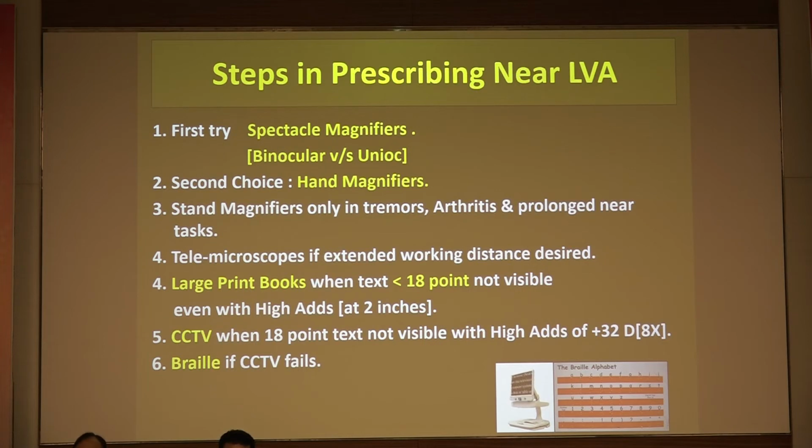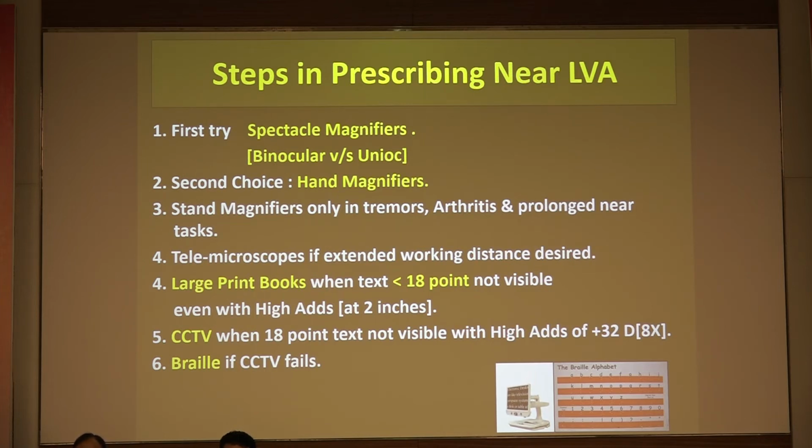The second choice would be a hand magnifier. A stand magnifier is given only in those patients who've got a tremor or arthritis and prolonged near tasks have to be done. Telemicroscopes, which Vivek did not discuss and which are very expensive, normally we don't give in our practice, are for those patients who require a large working distance for near.